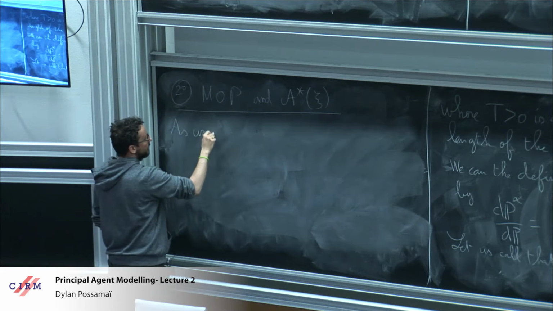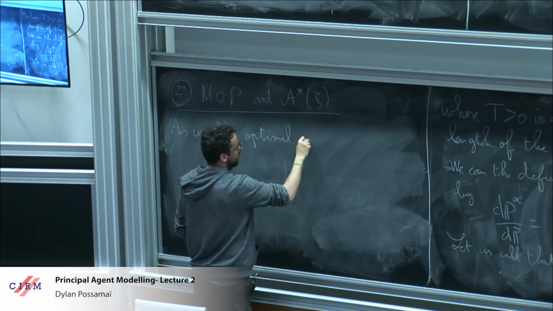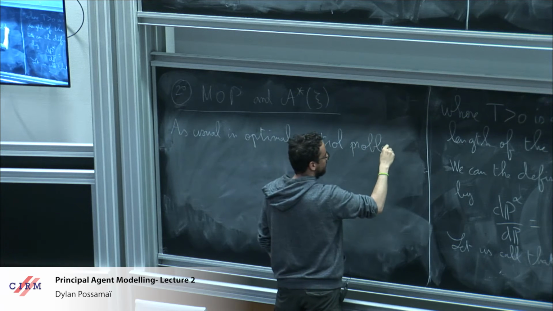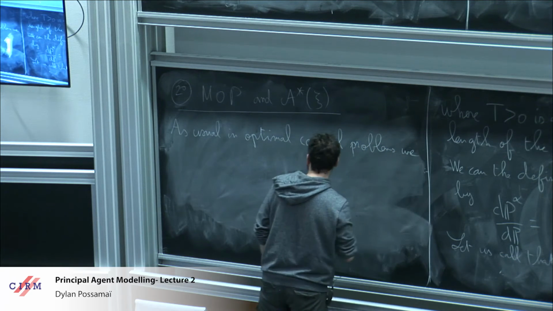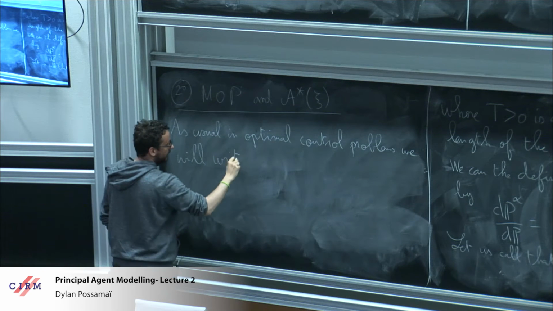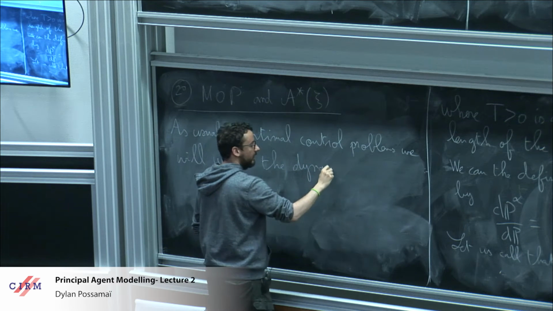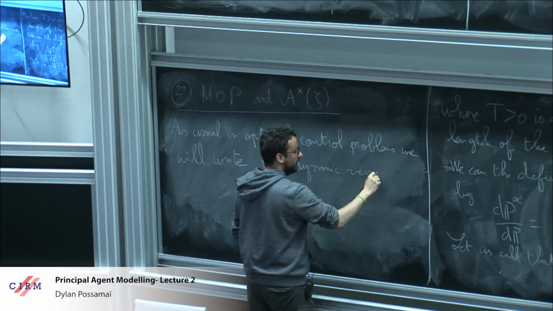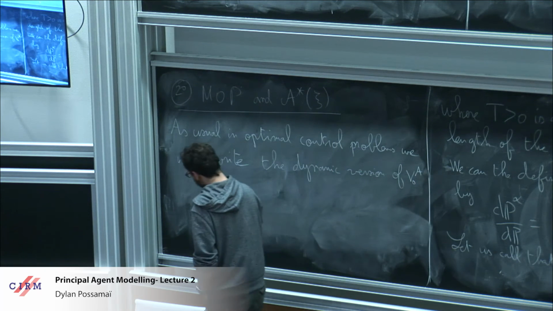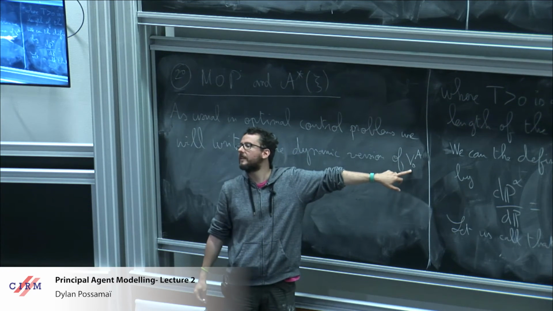So as usual, in optimal control problems, we're just going to introduce the dynamic version of V0A. And now you're going to understand why I've put a 0 here since the beginning.